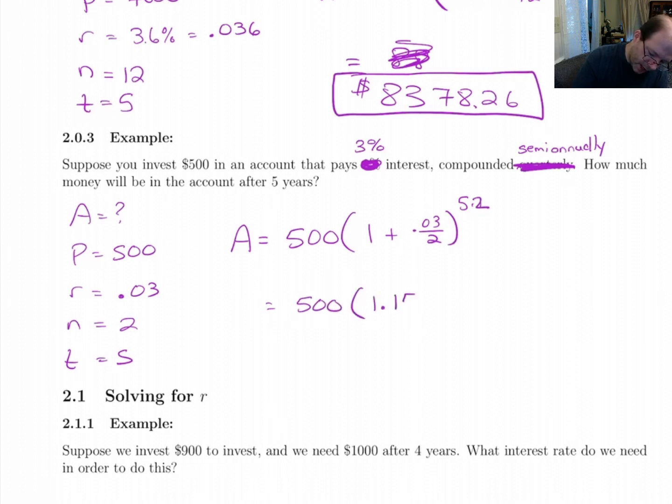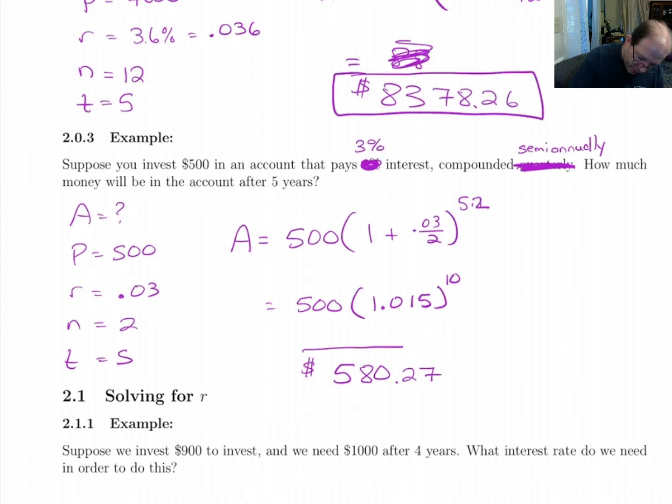I'm going to do this one by hand, at least the multiplication part. So 0.03, you divide that by 2, you get 0.015. And this is raised to the 10th. So 500 times 1.015 raised to the 10th is $580.27.